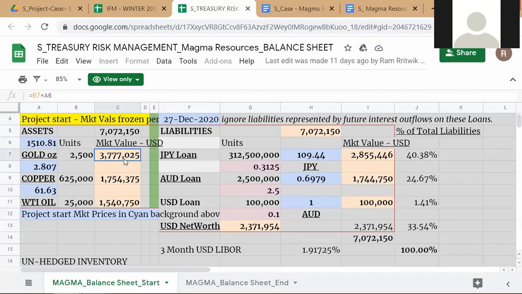So the market value is derived by multiplying the units by the price per unit. So these are the key aspects of the asset side, and you add up all the market values on the asset side, and you get the total balance sheet size on the asset side, which is obviously matched on the liability side.